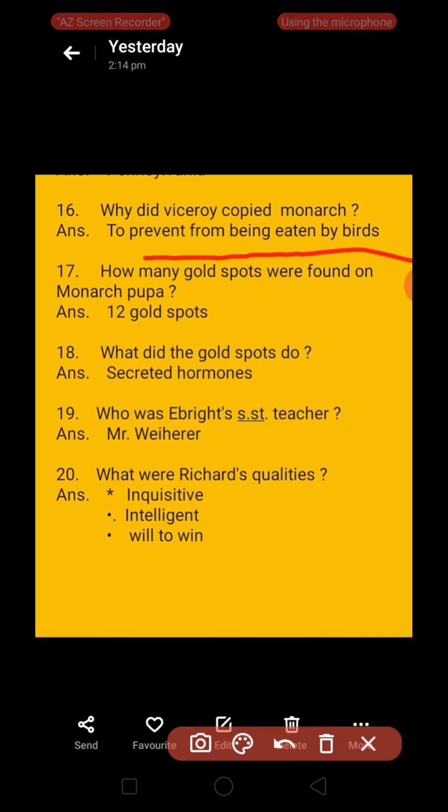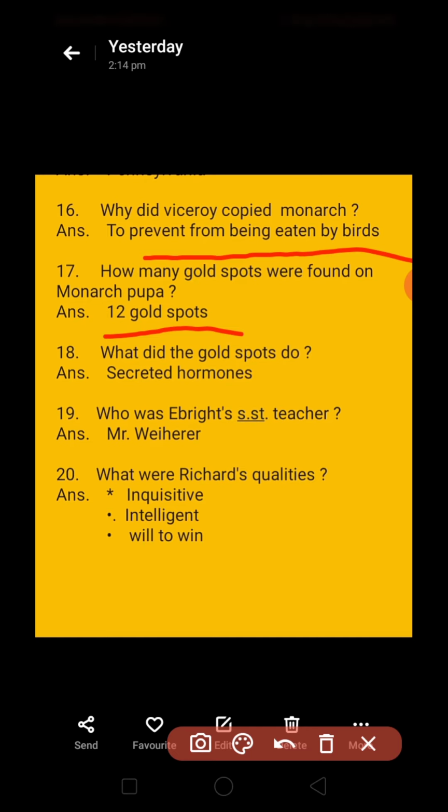Next question is, how many gold spots were found on the monarch pupa? Here the question is about the number of gold spots. As we know, we can find beautiful spots on the wings of butterflies. Twelve gold spots are found, which are very important to produce hormones for the overall development and growth of the butterflies.